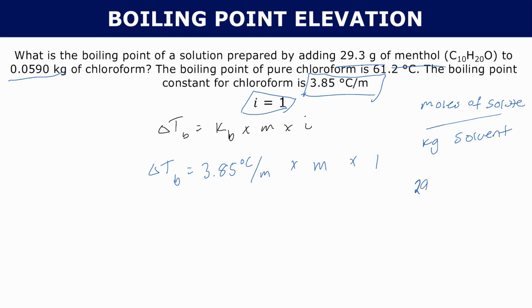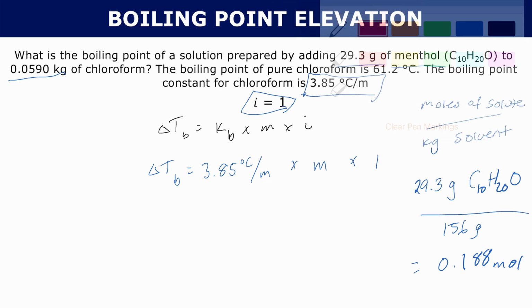So we have 29.3 grams of menthol, which is C10H20O, divided by the molar mass. The molar mass of menthol is 156 grams. So 156 grams. And that comes out to about 0.188 moles. So let's put this information together.